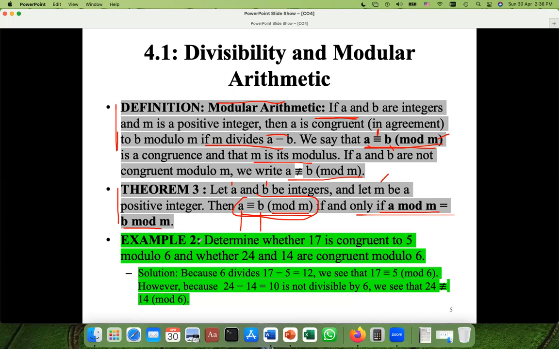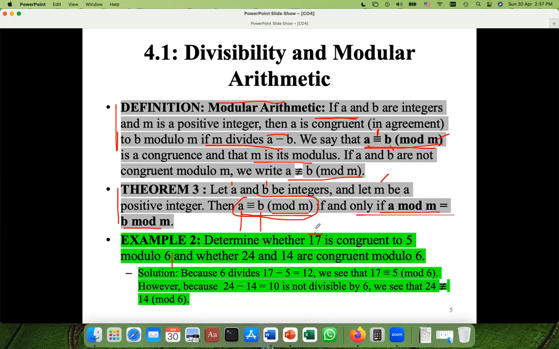We have an example here. This example is saying, determine whether 17 is congruent to 5 modulo 6. Up to that point, there is one part, and then there is a second part in this question. So determine whether 17 is congruent to 5 modulo 6.